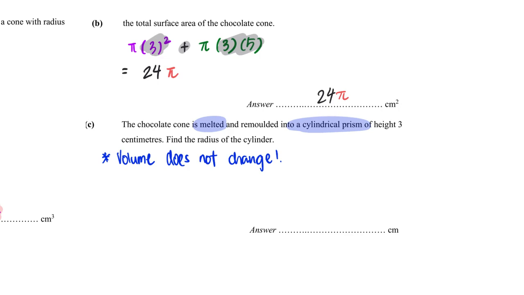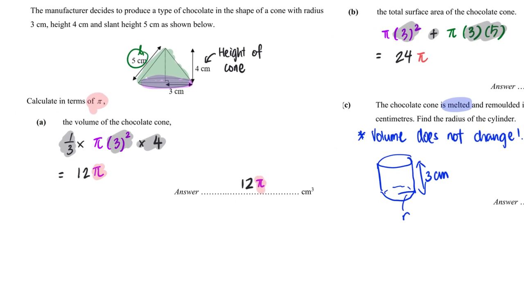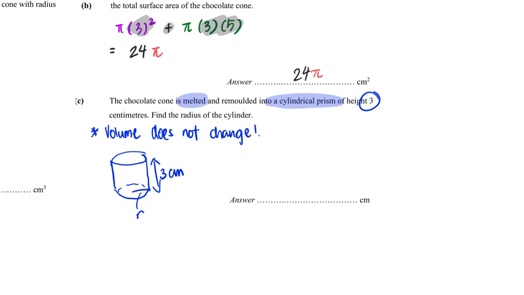And so, now that we have this cylindrical shape, where they give us the height is 3 cm, find the radius of the cylinder. Since the volume does not change, I'm going to look back at the volume of the cone, 12 pi.